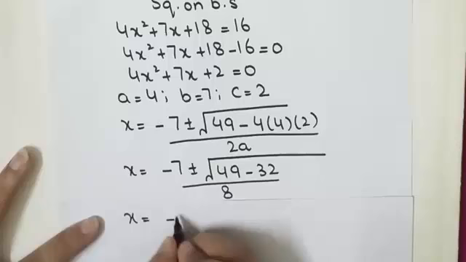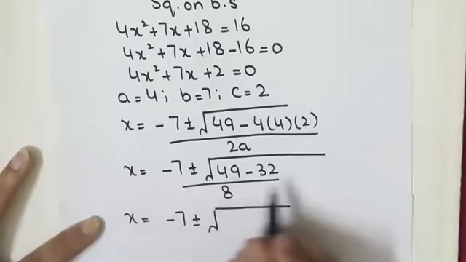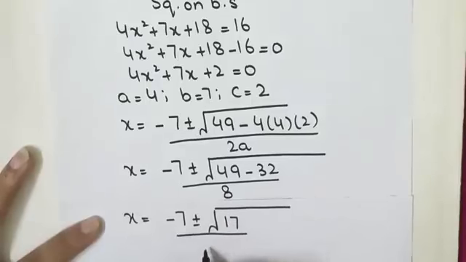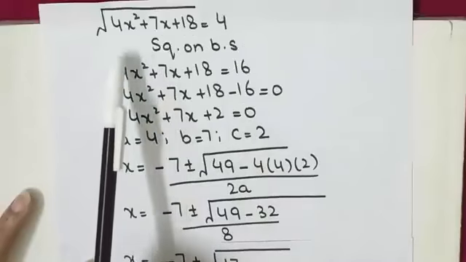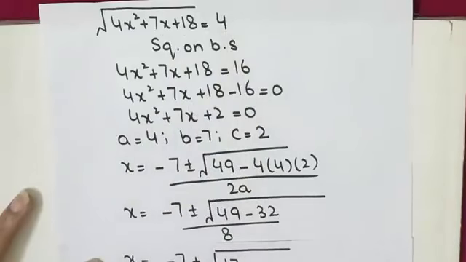So x is equals to minus 7 plus minus under root 49 minus 32. This is equals to 17 over 8. Now this is our equation in which we are going to put the value of x and we will check whether this is a solution set or an extraneous root.